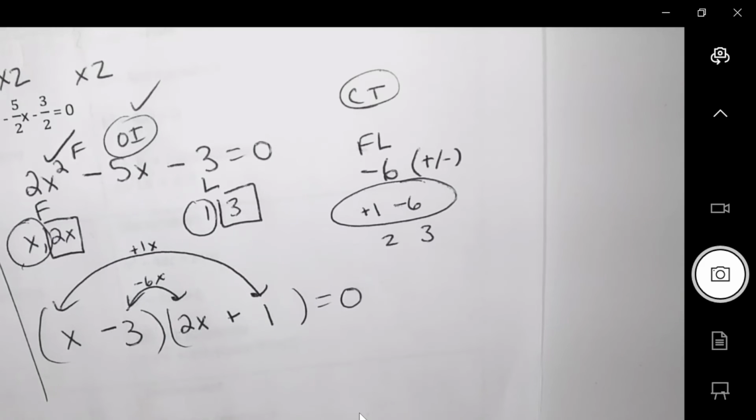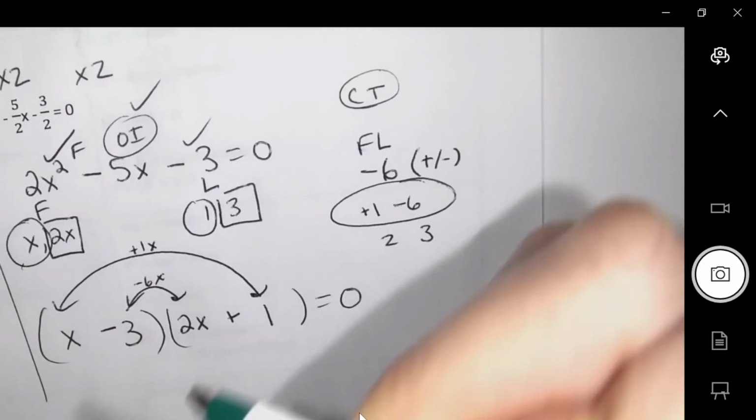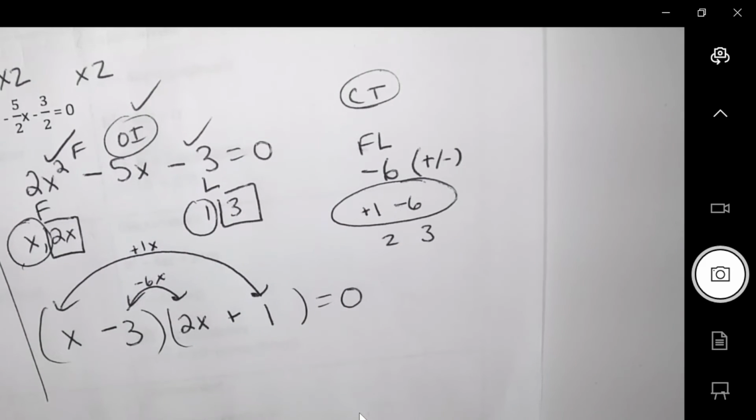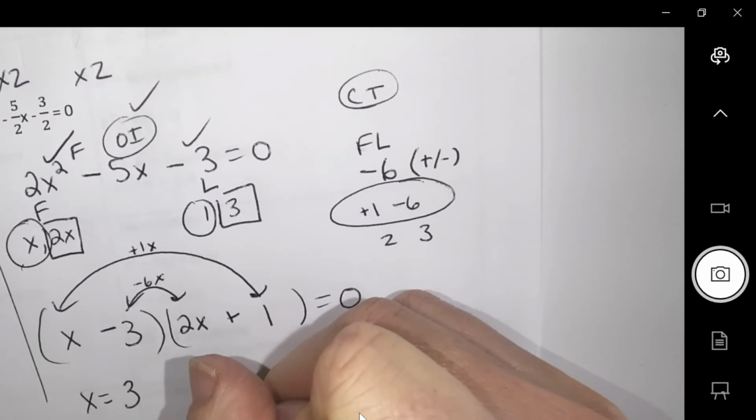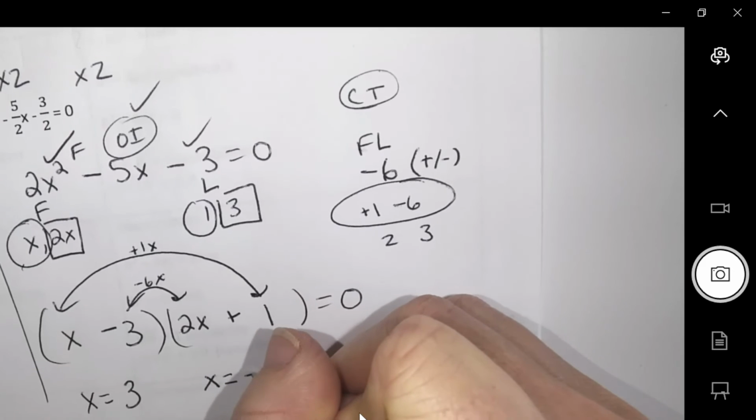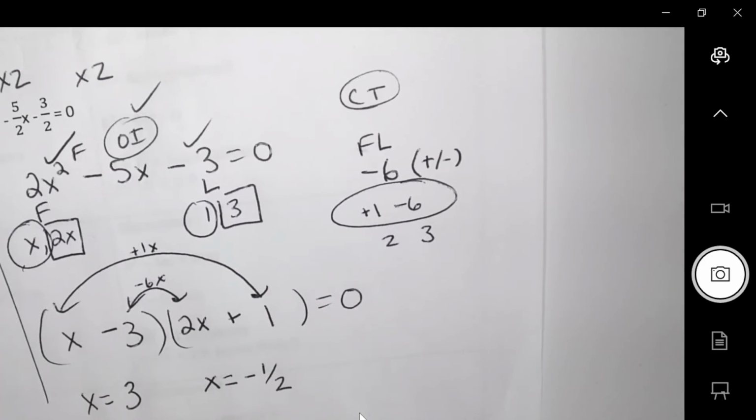We got to negative 5x on that. And then the last times the last, yep, negative 3. So do you see how I'm checking my work? Did I place everything right? Because I foiled it back. So x equals 3, x equals -1/2.